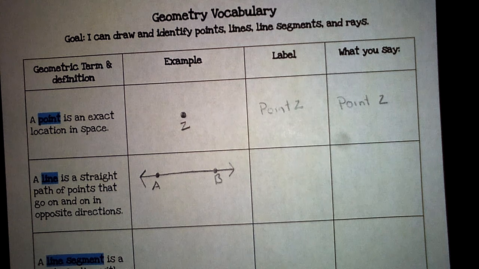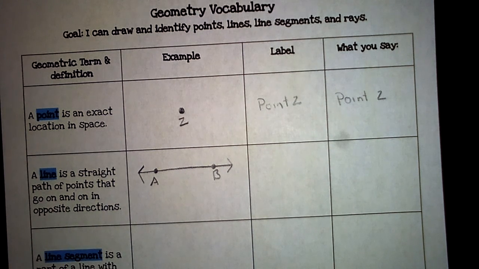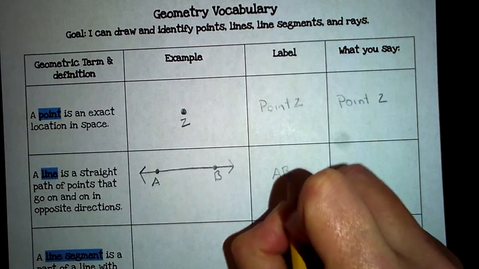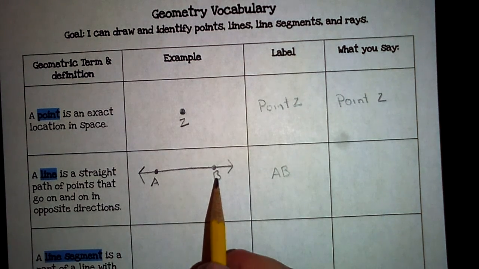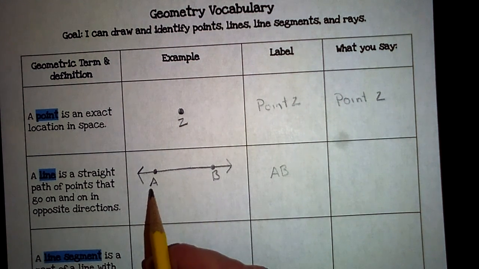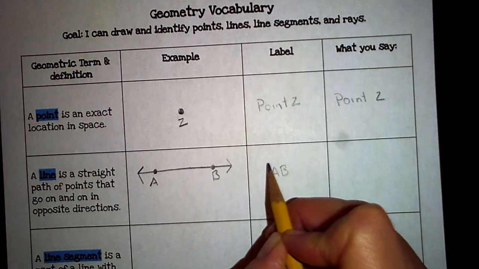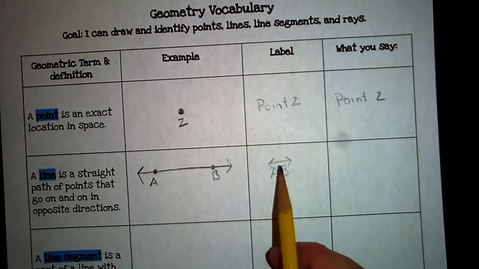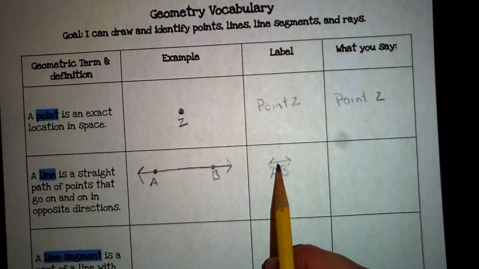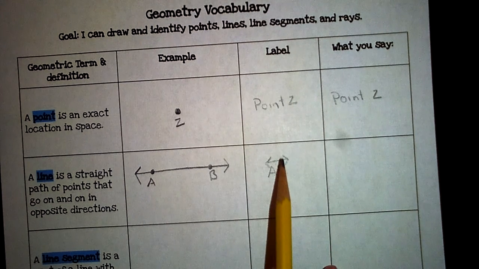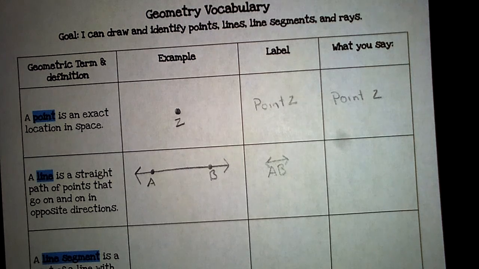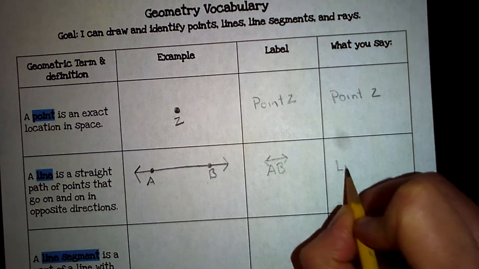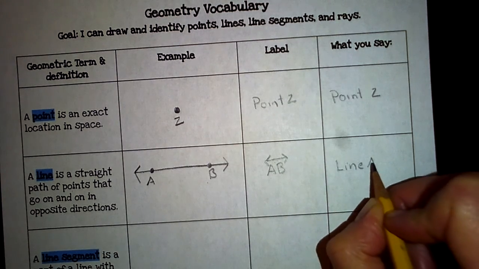That's why it says a line is a straight path of points. Our line is labeled AB. I could also label it BA. It doesn't matter. And to label my line, I need to name the points, and I also need to include a small diagram of the line above those points. If I asked you to tell me what I drew, you would say line AB.